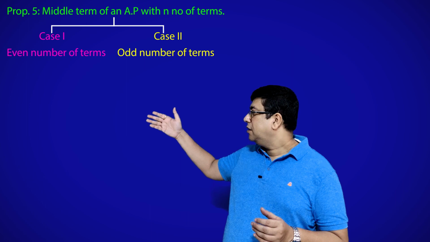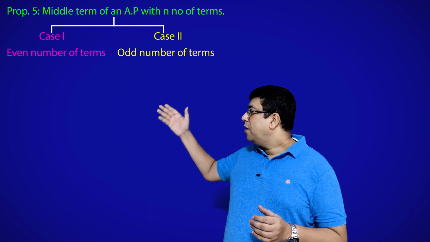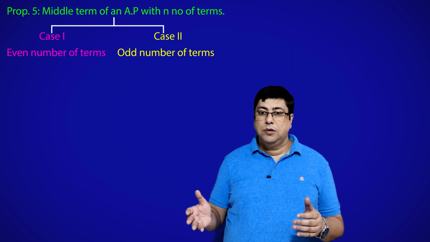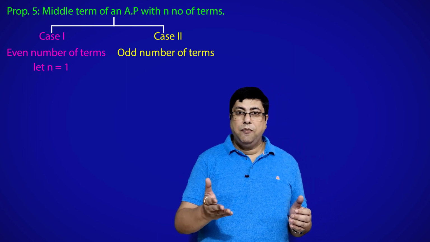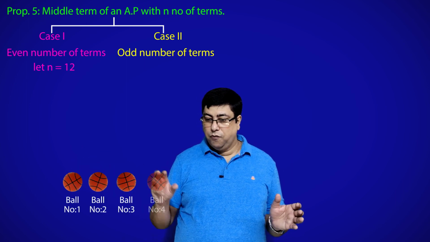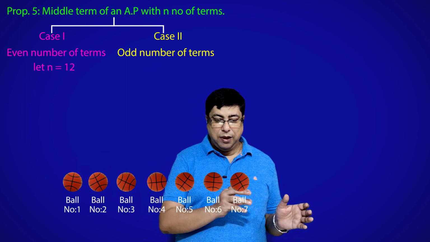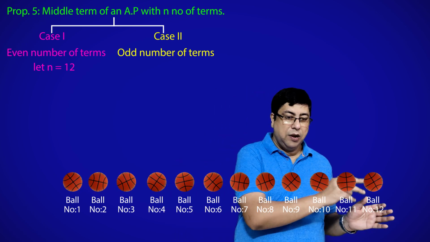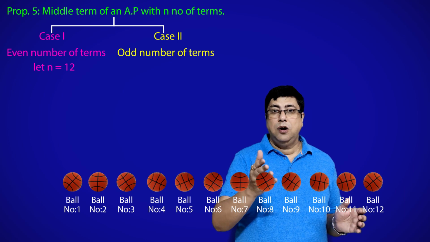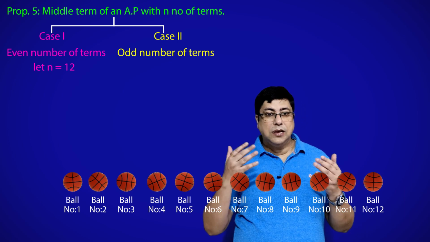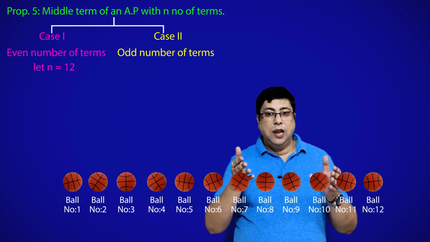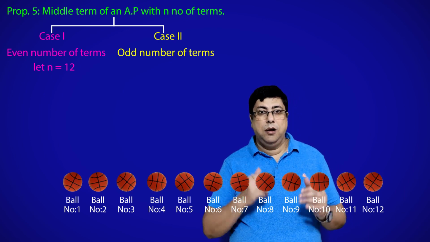So let us take the case when n equals an even number. In this case I am giving one example. Suppose there are 12 balls, ball number 1, 2, 3, 4, 5, 6, 7, 8, 9, 10, 11, 12. Everybody, this is the case when n is even and n equals 12. Suppose a person is standing and I am calling that person to select the middle ball.